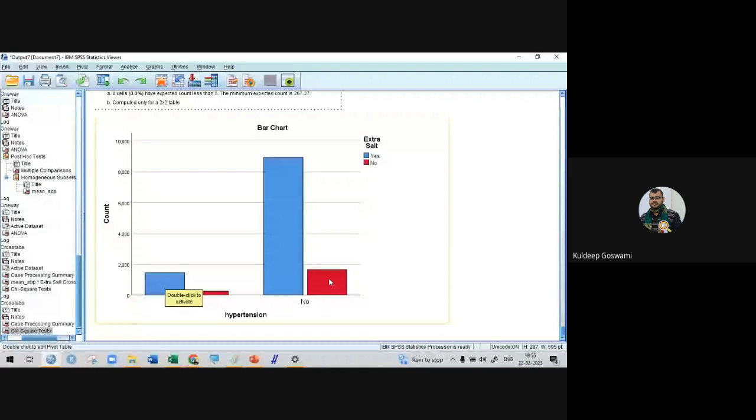I'm seeing some questions. Yes, how can we decide which test is best or suitable for our research?